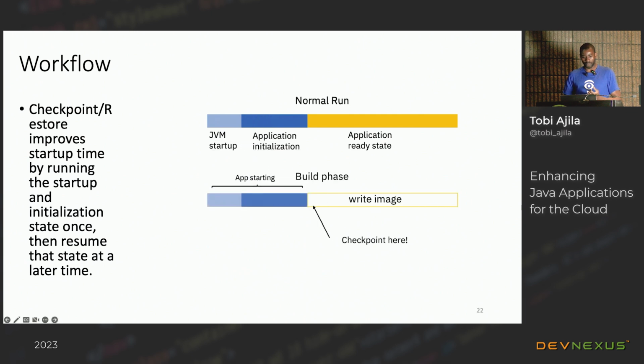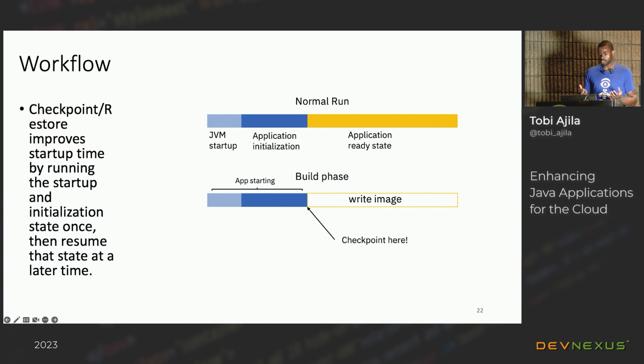So with CRIU support, the way you use the API is, let's say you're deploying your application via containers, you would do the checkpoint run as part of your container build. You would initiate the checkpoint after the application is ready, but before it connects to a database or is ready for external connections.